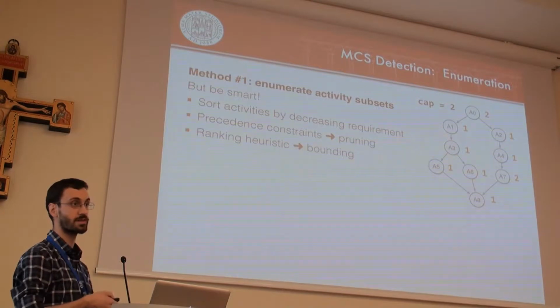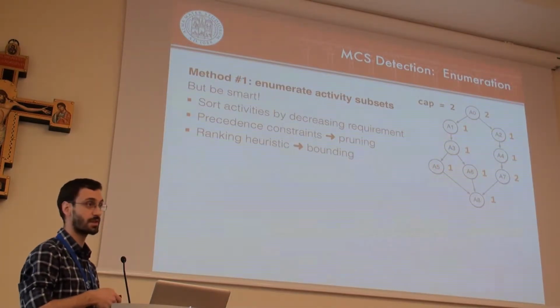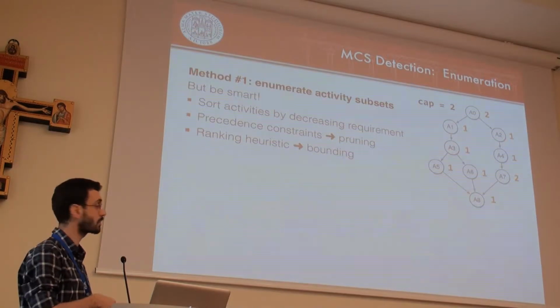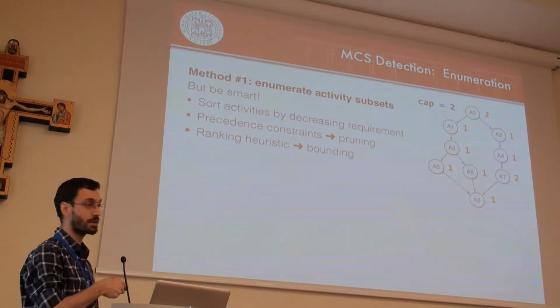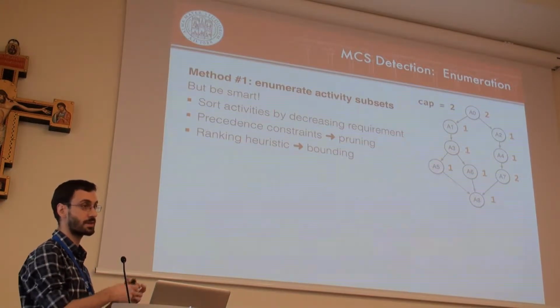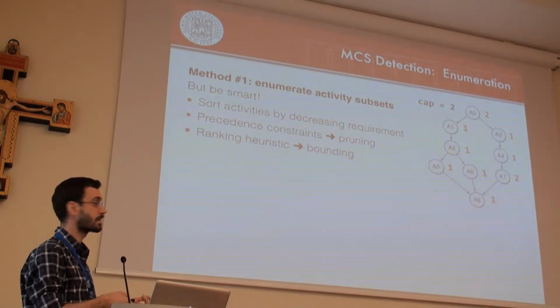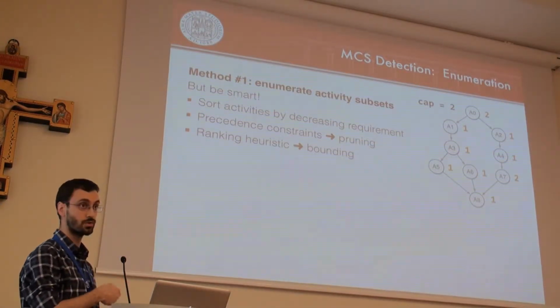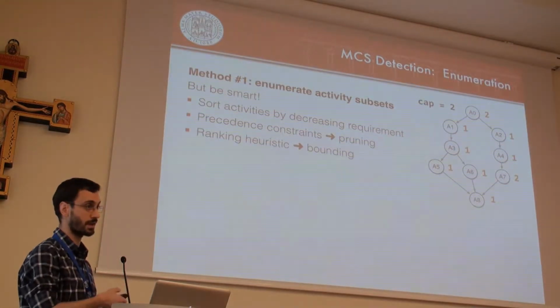You can enumerate the subsets. Obviously, you don't want to enumerate all the subsets because this is going to take forever. So what you do, you try to be smart. You exploit the precedence constraint. You don't want to put in the same set two activities which are linked directly or indirectly by a precedence. So you can use that stuff for pruning. You can do more. Usually you just don't look for a minimal critical set.